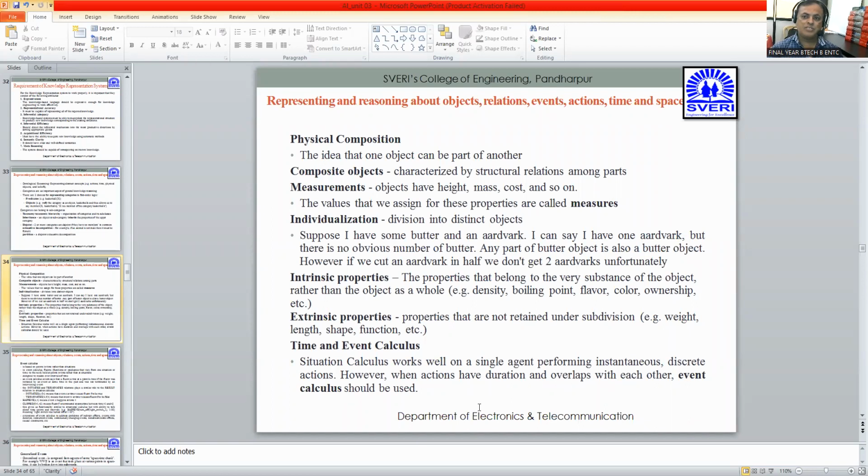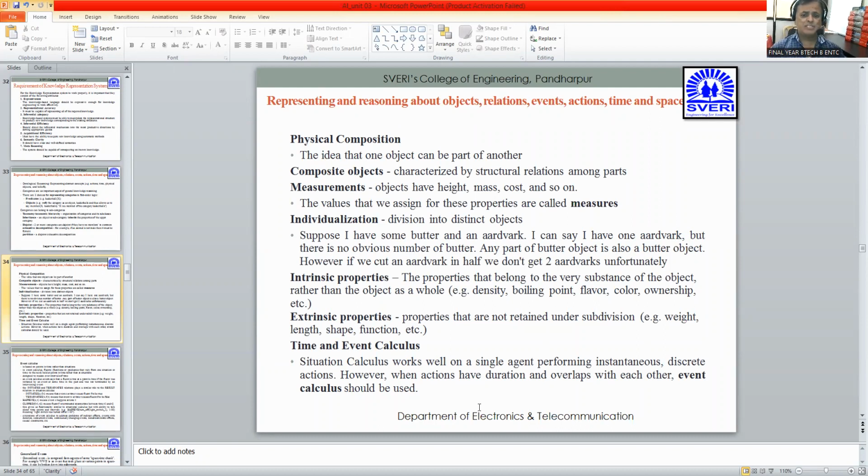Otherwise, in another situation we can use the situation calculus. So these are the two different things that have to be understood. We are going to go deeper into situation calculus in the coming lectures, but first you understand this, that there is an event calculus and there is a situation calculus.